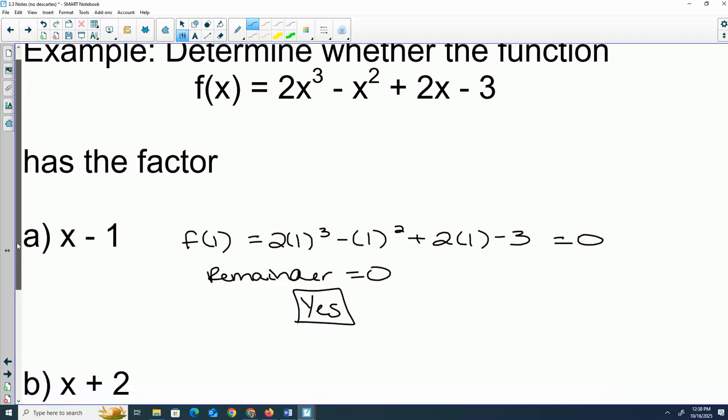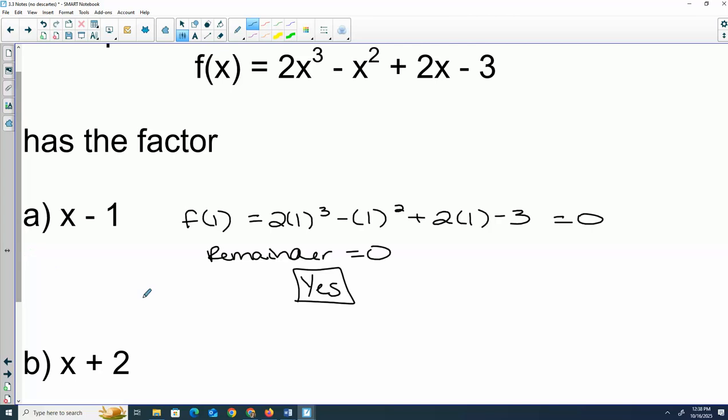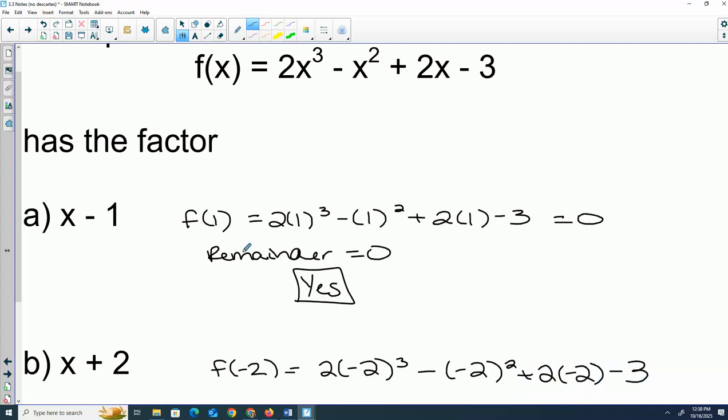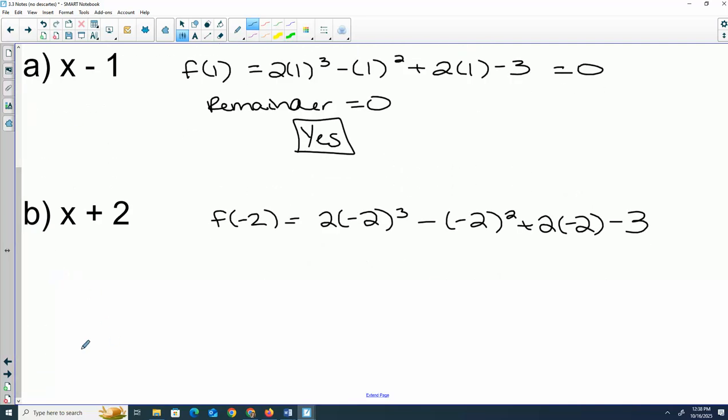Okay, if I want to know if x plus 2 is a factor, what do we plug in? Get?